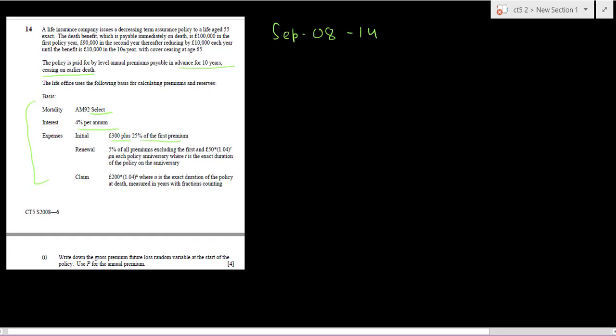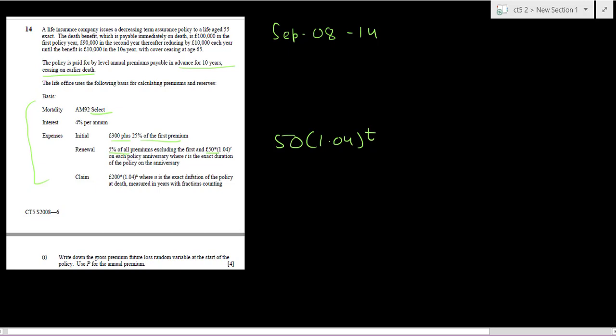Renewal expenses are 5% of all premiums except for the first one, and 50 into 1.04 to the power of t on each policy anniversary, where t is the exact duration of the policy anniversary. So basically it's inflating by 4% compounded, and the 4% is the rate of interest as well. So this factor will cancel out with the interest, so it would become a flat 50 in any case.